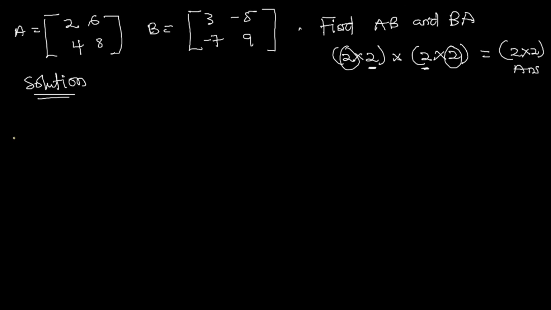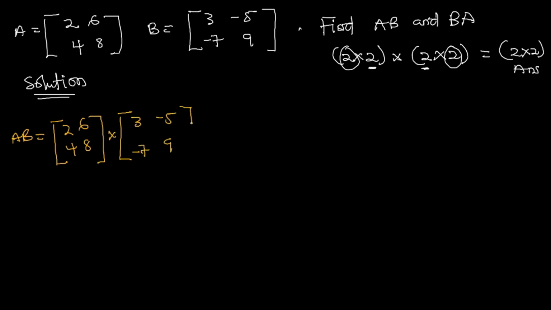Okay, let's find AB. So AB is going to be matrix [2, 6; 4, 8] multiplied by matrix [3, -5; -7, 9].